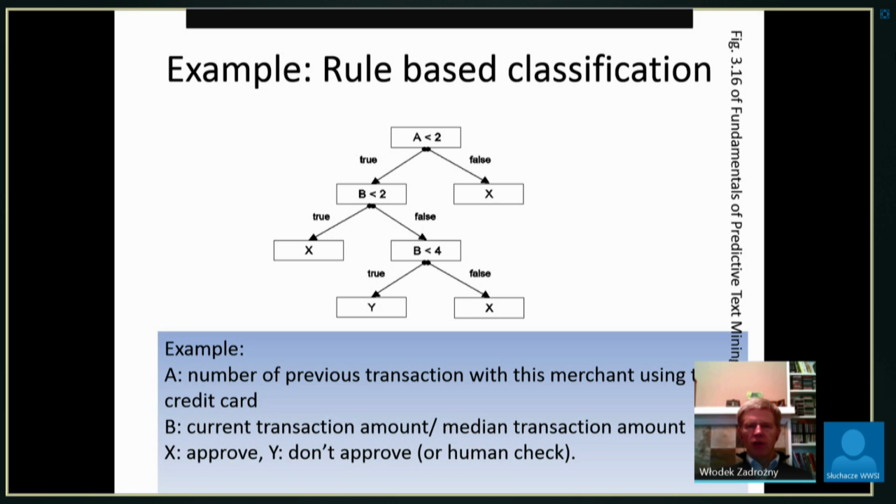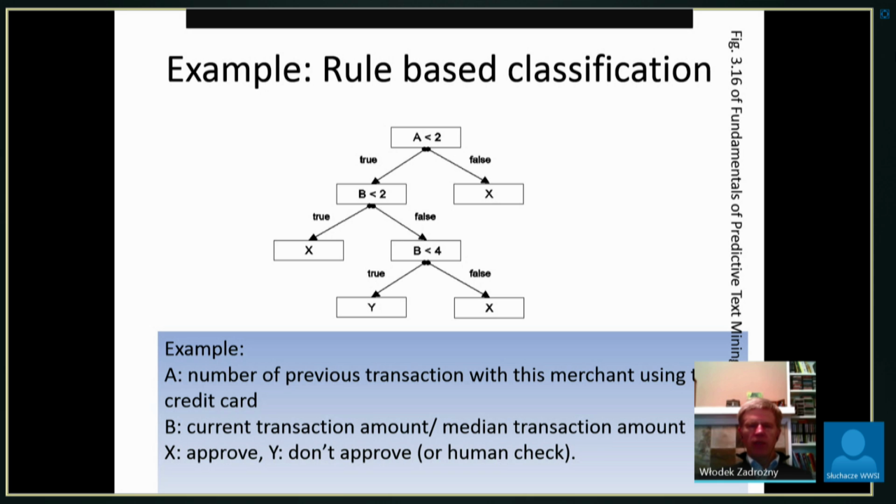So if the number of transactions is smaller than 2, then we go to the next box. Okay, so in this case, B is the current transaction amount. So if the current transaction amount is smaller than, say, the median transaction amount, which can be, say, $200, then we approve the transaction.